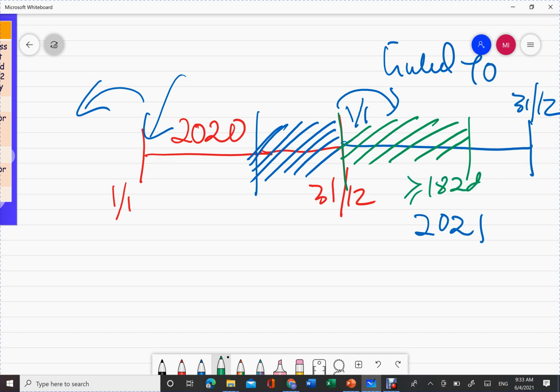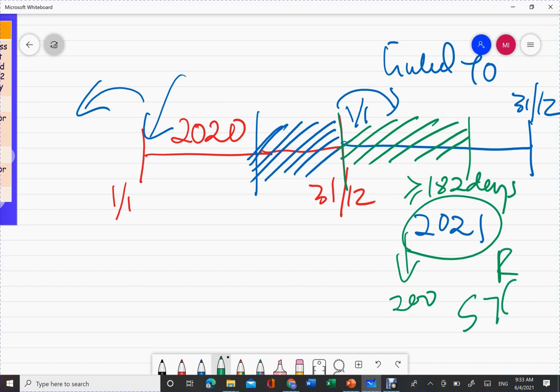They fulfill this requirement of at least 182 days. Say they stayed for 200 days. So in year 2021, this person is resident in Malaysia.